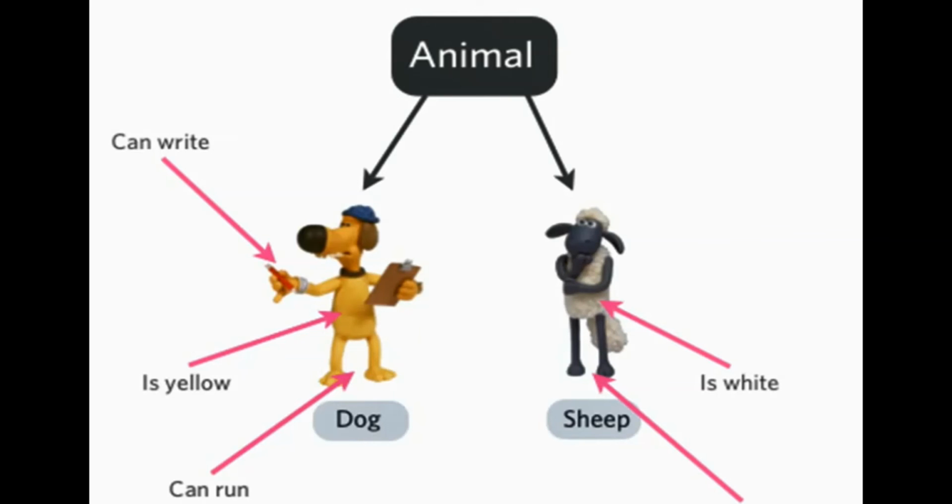Now let me make it easier. Suppose we have a class named animal, and from that animal class we will create objects. Objects could be anything, like a dog, a sheep, or any kind of animal we would be creating from the animal class.